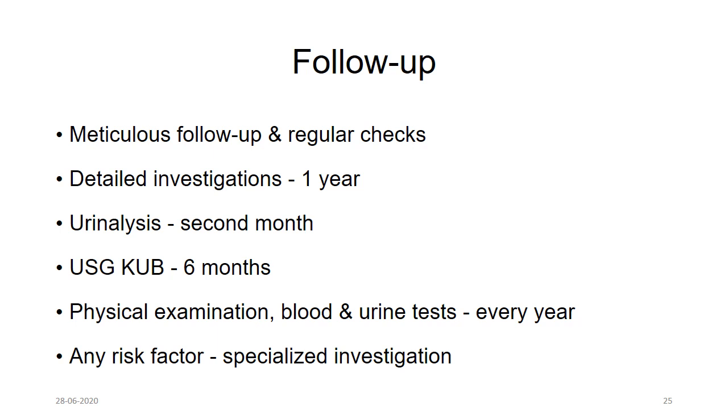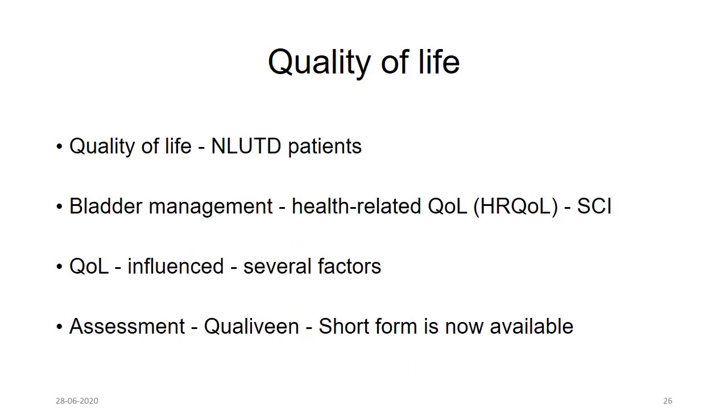And USG KUB should be done to evaluate the upper tract and the lower tract once in every 6 months. And physical examination should be done every year. And if there are any signs of risk, immediate special investigation should be done.